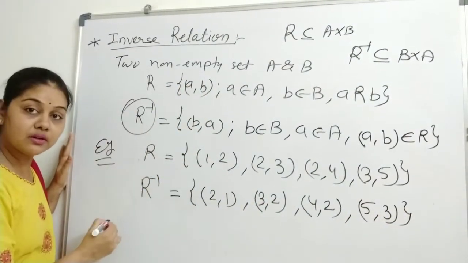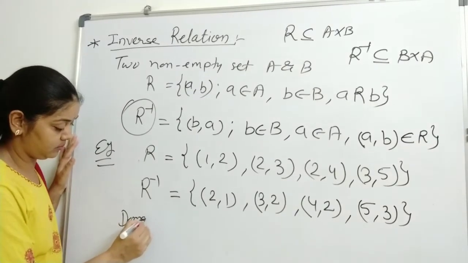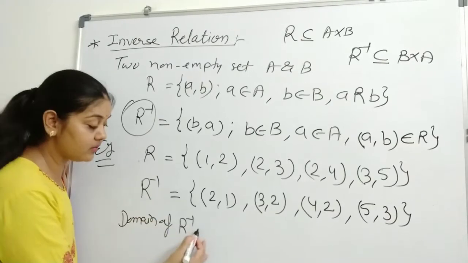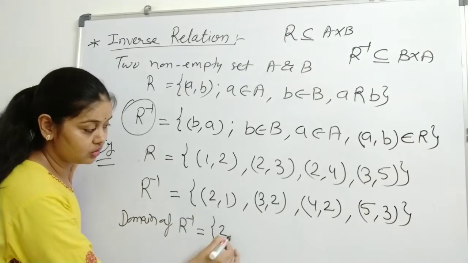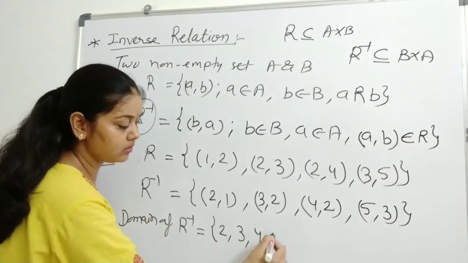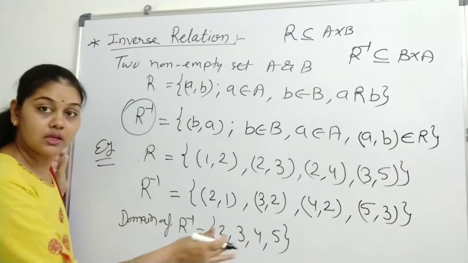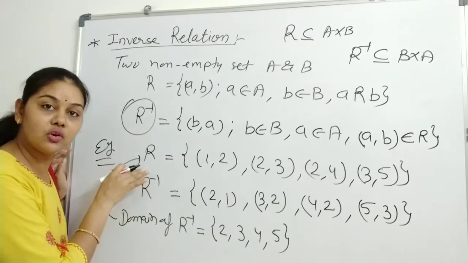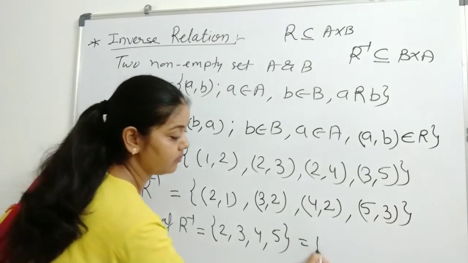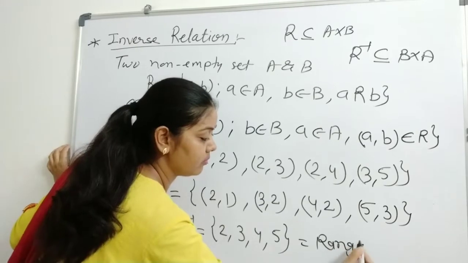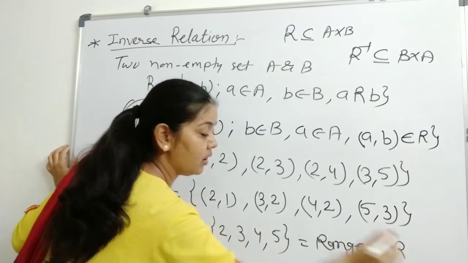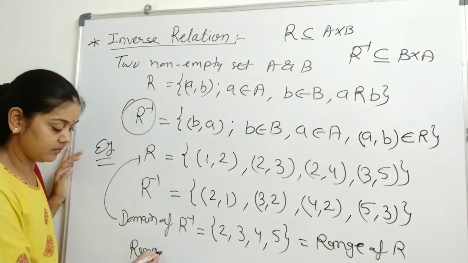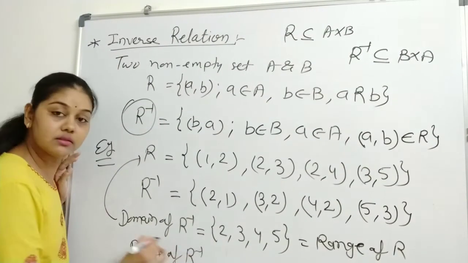What is the domain of R inverse? That will be 2, 3, 4, 5. This domain is nothing but the range of R. And now, what is the range of R inverse?